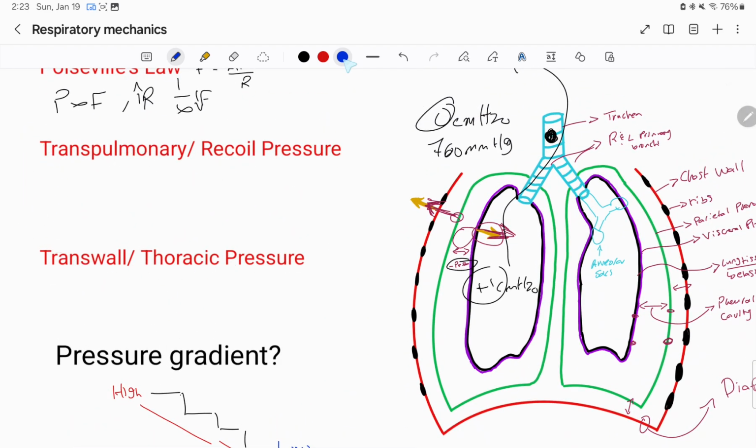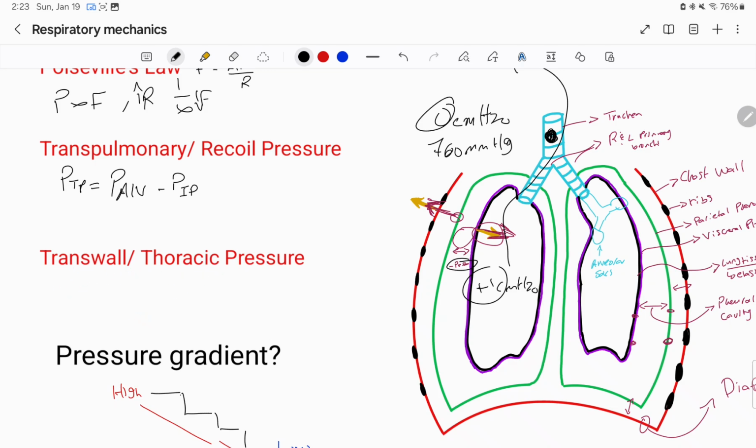So the transpulmonary or the recoil pressure, you can write it down like this: P transpulmonary equals the pressure in the alveoli subtracted by the pressure of the intrapleural space, or the pleural cavity. That's going to be the transpulmonary pressure.